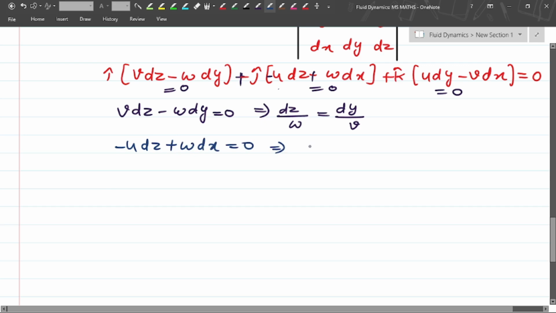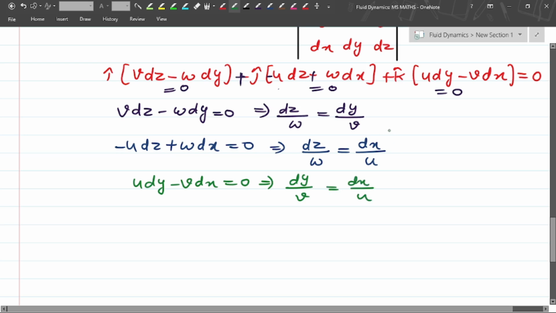It will be basically dz upon w is equal to dx upon u, and the third term will be u dy minus v dx equals 0. So it will basically be dy by v equals dx by u.